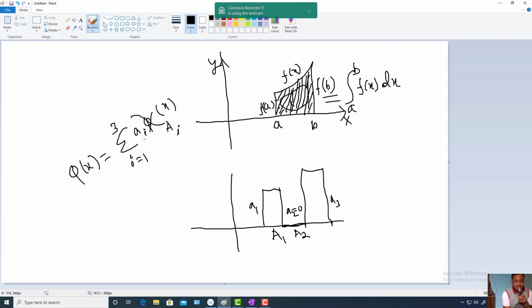So here a2 is equal to 0, a1 is a1, and a3 is a3.